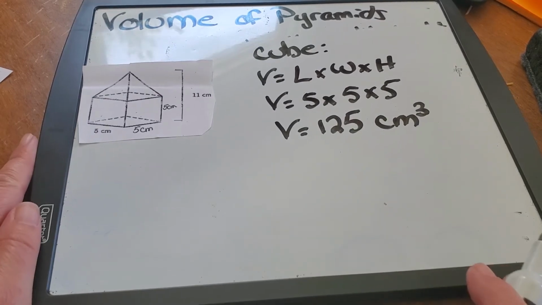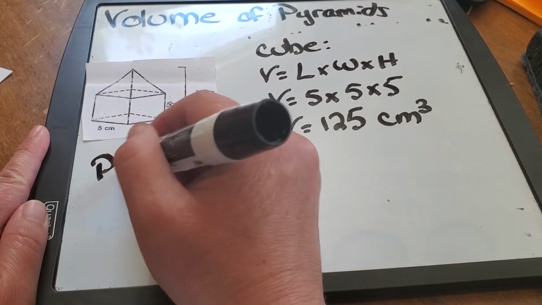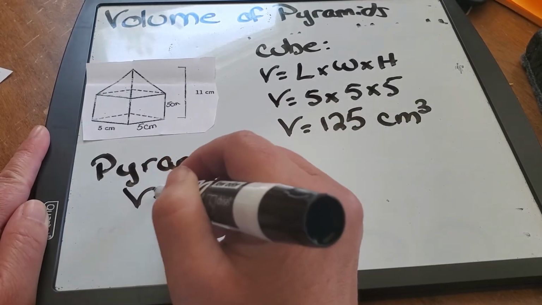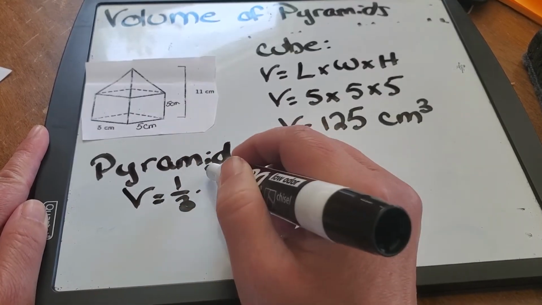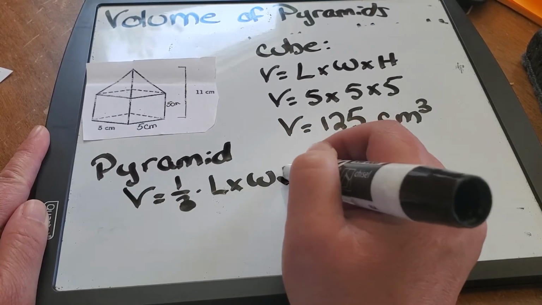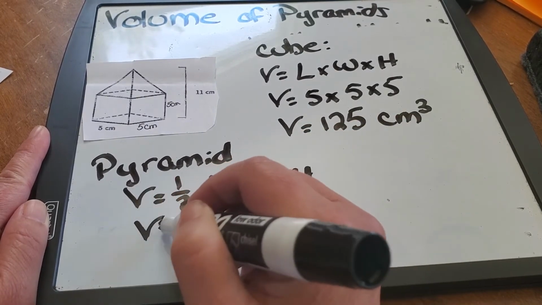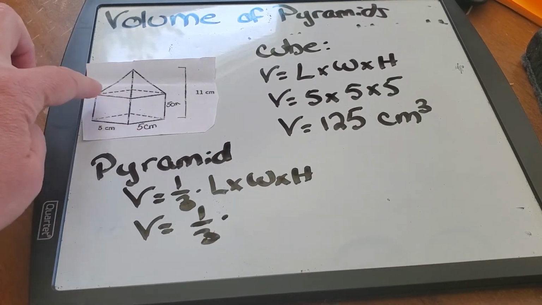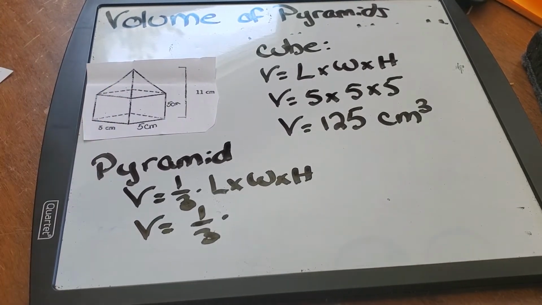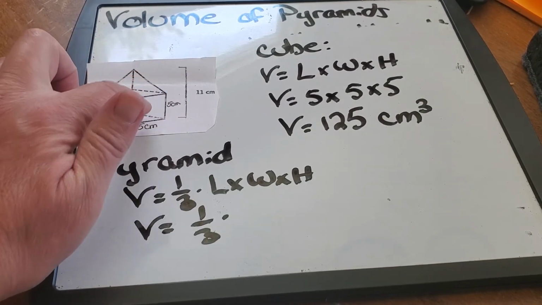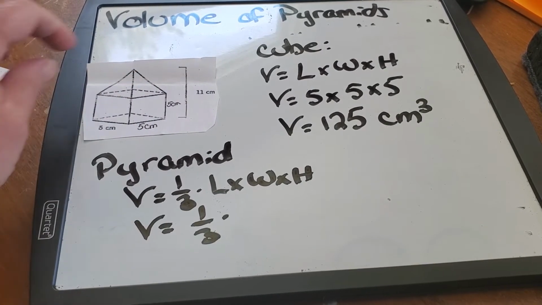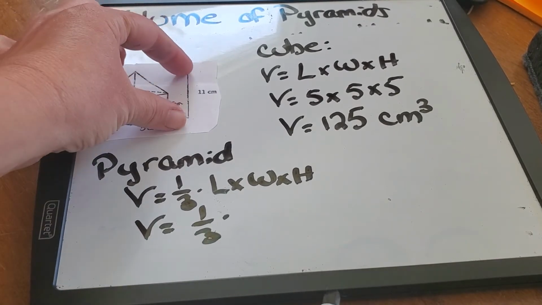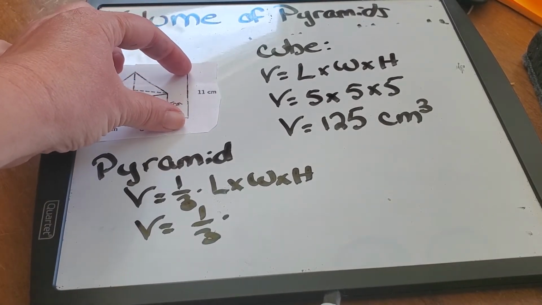Now we can do the pyramid. And the pyramid, remember the volume is 1/3 times the length times the width times the height. Now, look at this pyramid. The length of it is 5, same as the length of the cube. The width of it is 5, the same as the width of the cube. The height of it is not 11. 11 is the height of the entire figure.